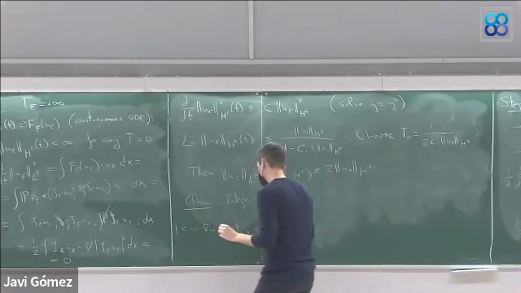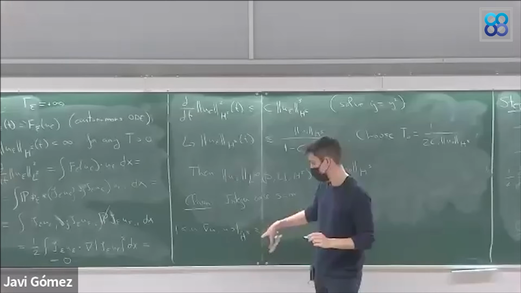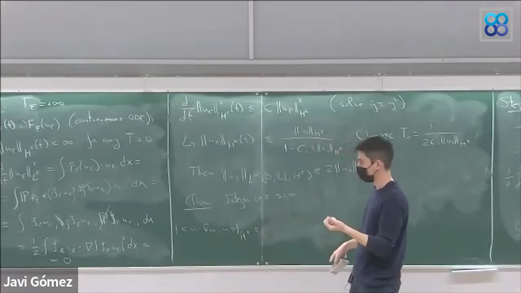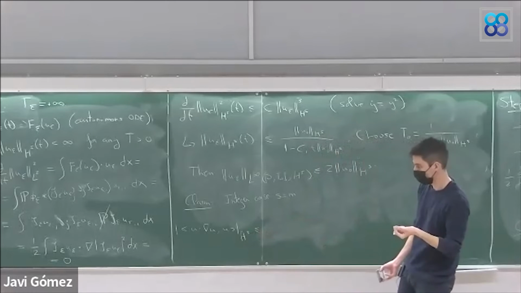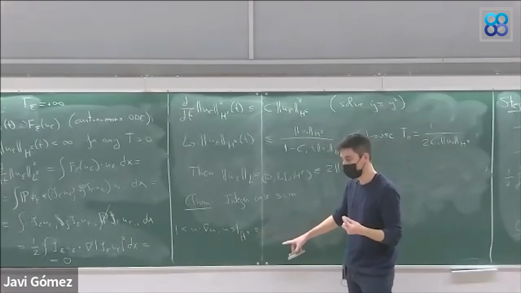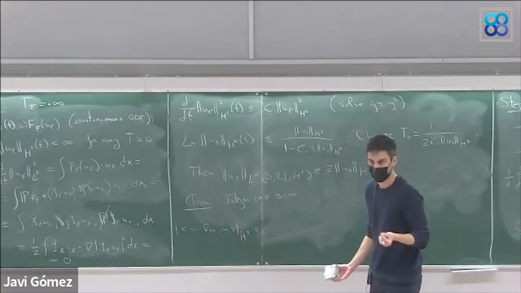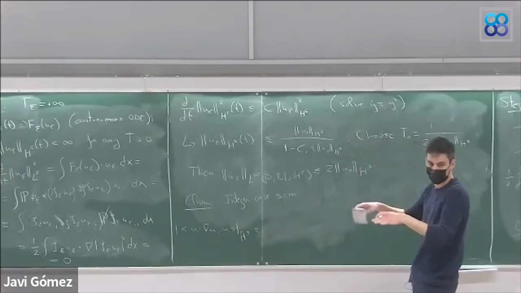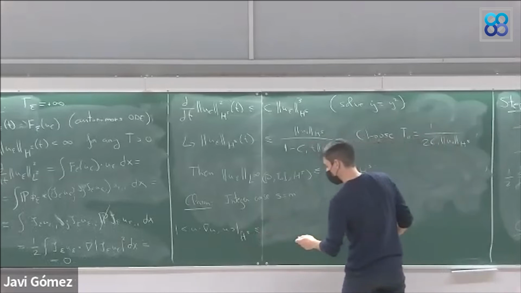Well, the integer case is quite direct. It's just writing what this is, using just one trick that we have already used sometimes, and then using some interpolation inequality, like a linear inequality that I will just state and use.